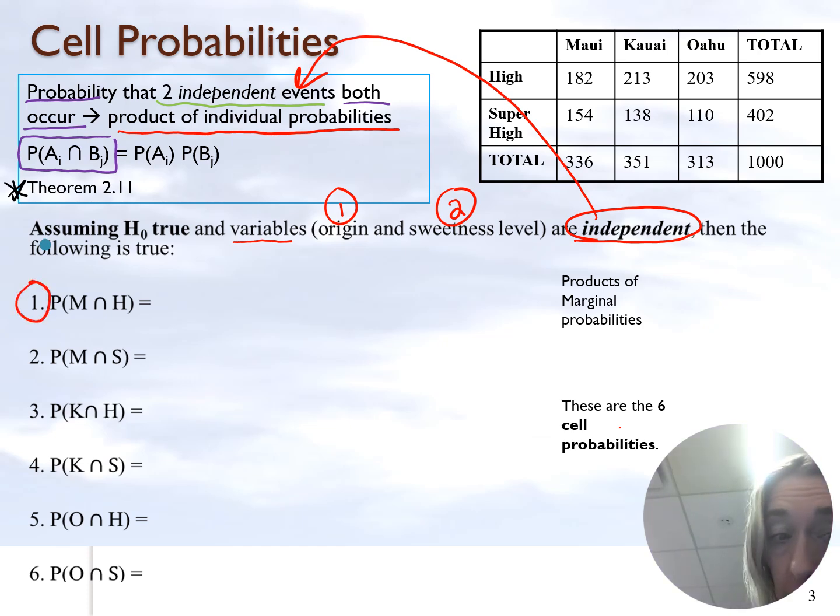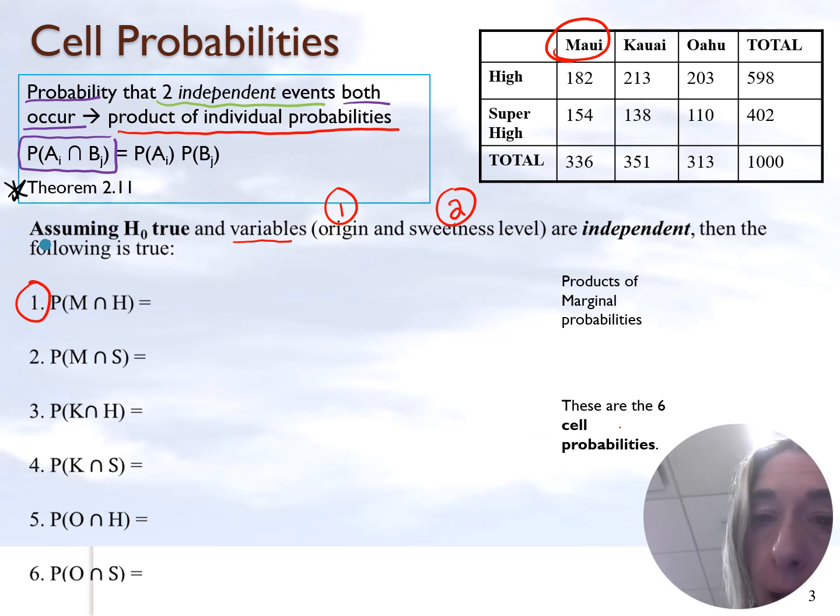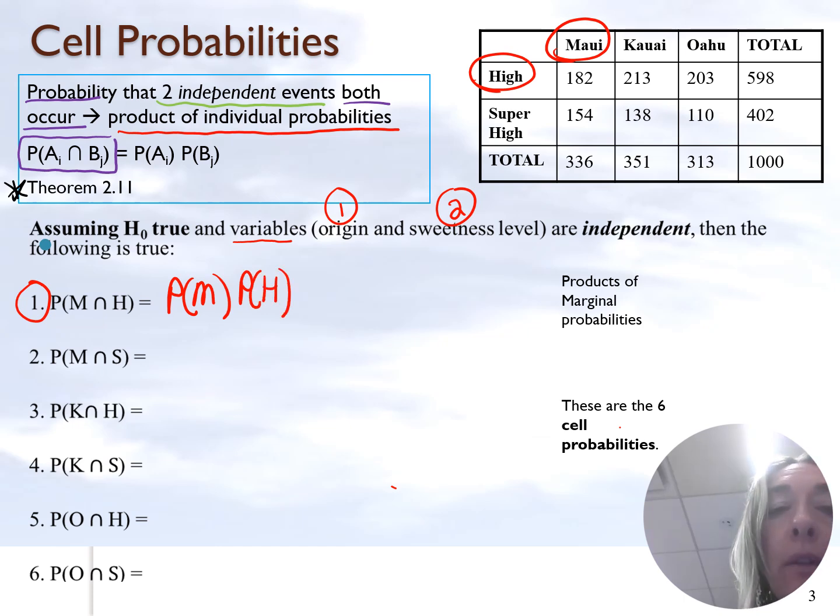For example, let's take number one. If we want to determine the probability that a pineapple is from Maui and it has a high sweetness level, since we're assuming those two variables to be independent, that's equal to the product of the probability of being from Maui and the probability of having a high sweetness level. In order to calculate this, we're going to use the marginal frequencies.